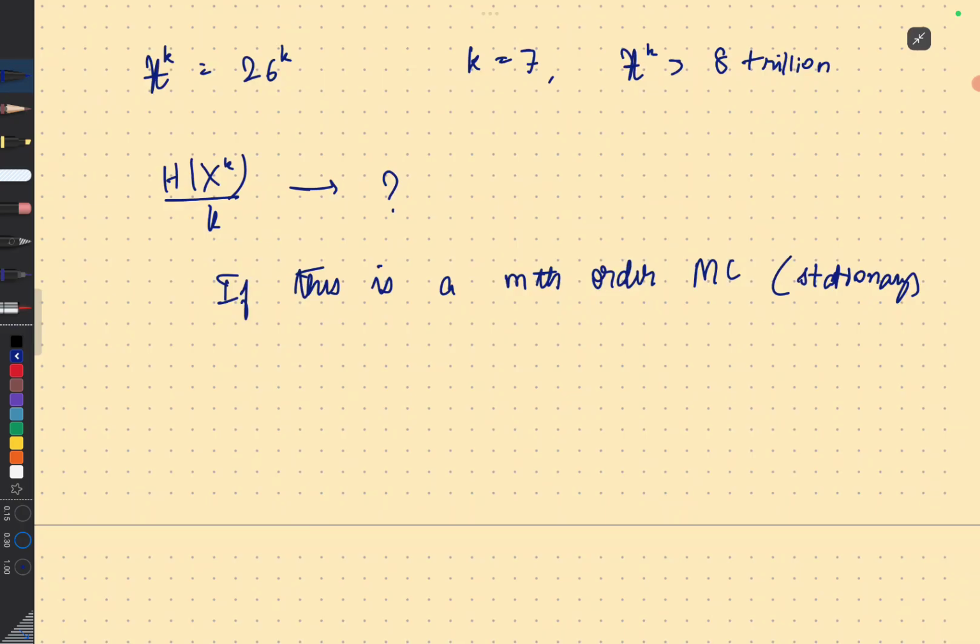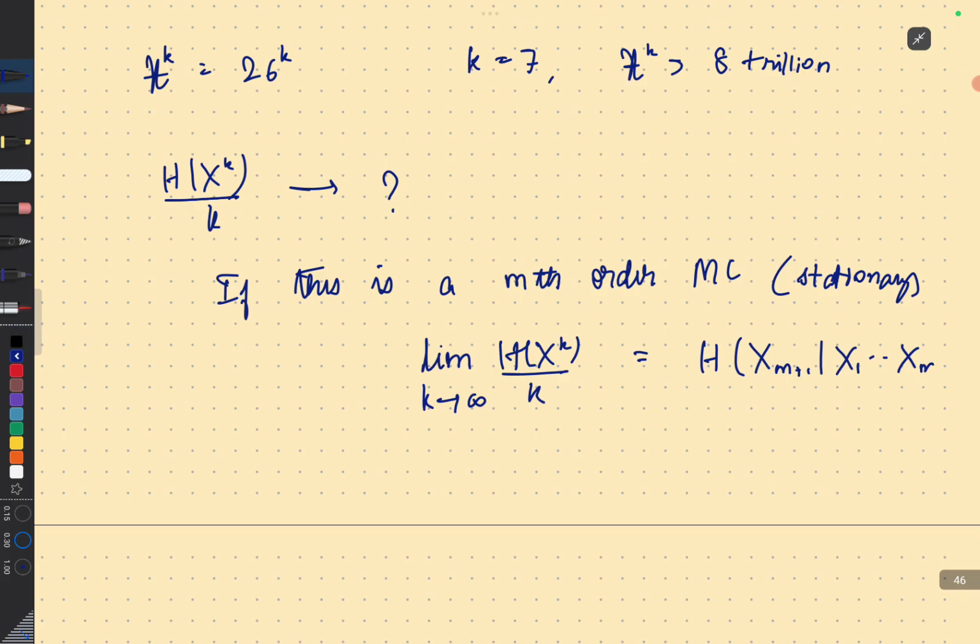All right. Then we've seen this, what does this converge to? Transition probability. Correct. Not the transition probability, but the conditional entropy H of X_{m+1} given X_1 through X_m.